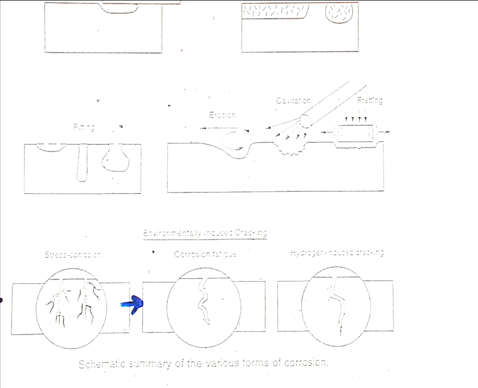Then it's possible to get mechanical erosion of the material as well as corrosion occurring. So you get accelerated attack because you've got a combination now of the mechanical and corrosive effects.